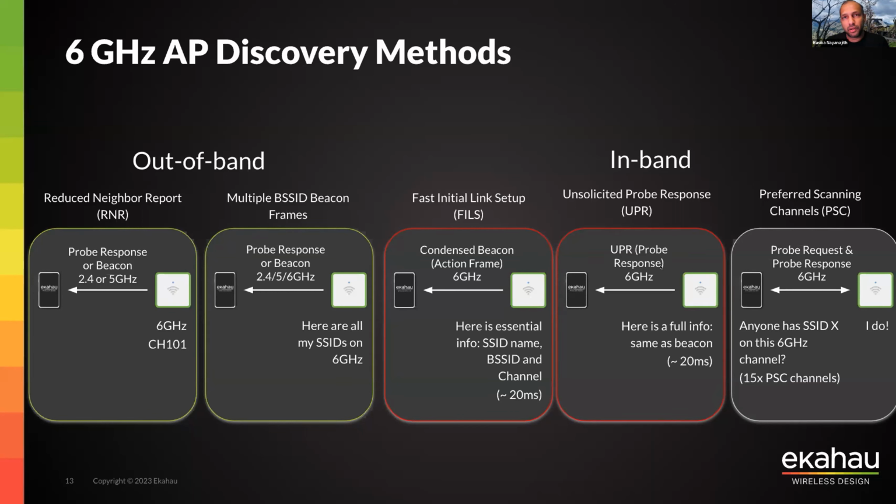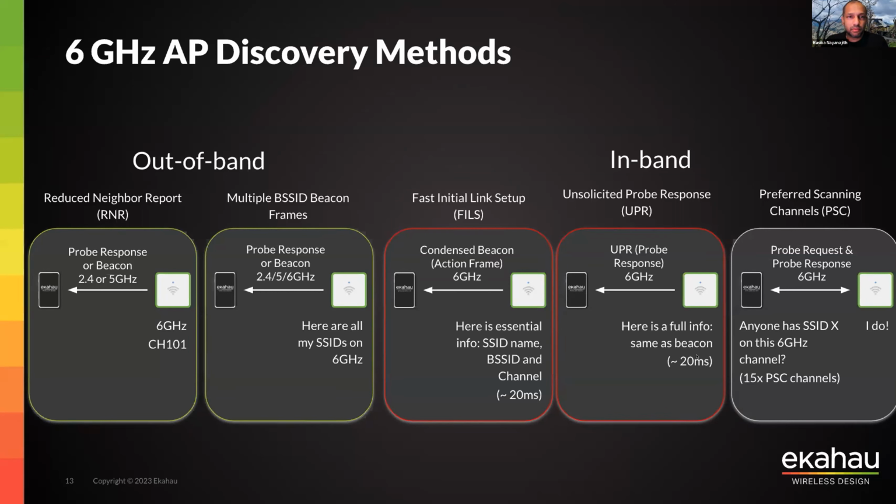The other method is called unsolicited probe responses. In the legacy world, an AP cannot send a probe response without a probe request. But in 6 gigahertz, we said, why not have the AP send it unsolicited, without a probe request? Why can't the AP send probe responses every 20 millisecond kind of interval? So we can do that.